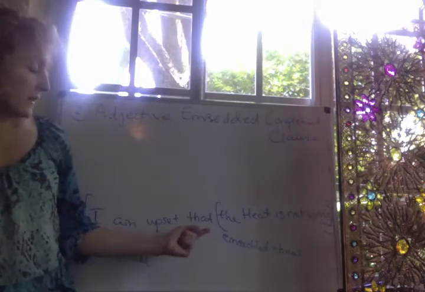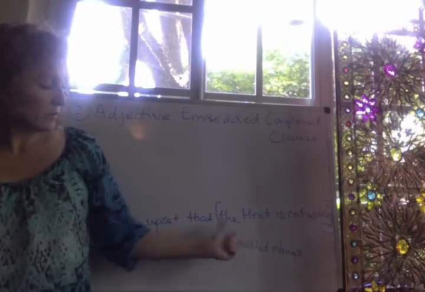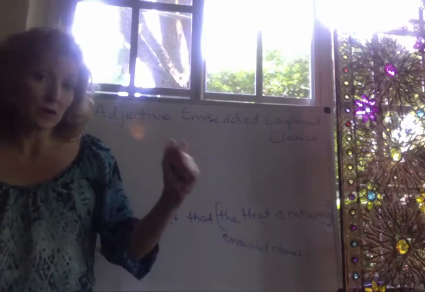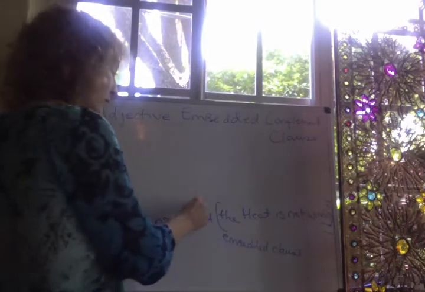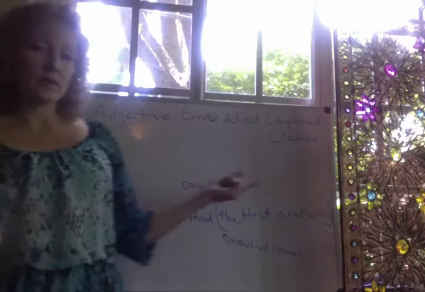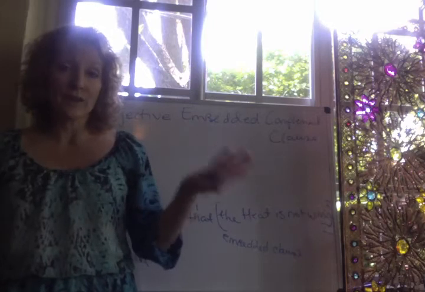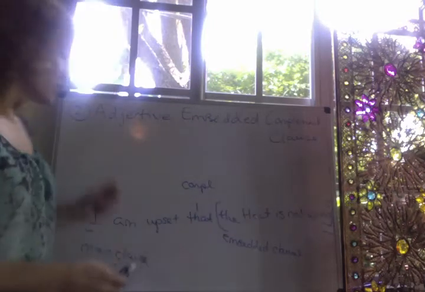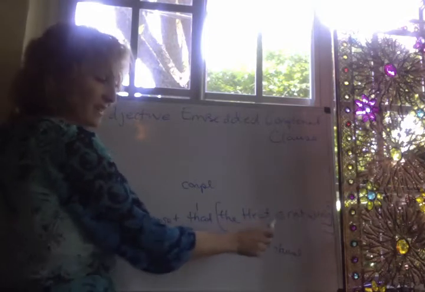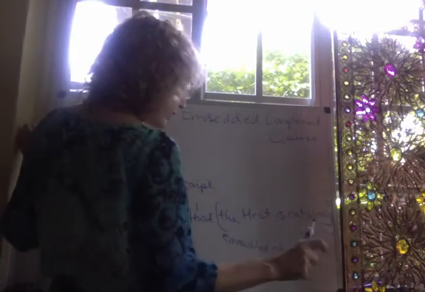So the idea is that notice what we have here before this embedded clause, that the heat is not winning. Another instance of our complementizer. So we're going to label this complementizer. And we know that the complementizer is going to form a unit with the embedded clause to form an S-bar. That's going to be always exactly the same. So if we were providing the structure for the embedded clause, the heat is not winning, it's exactly the same as any clause that you would ever have.